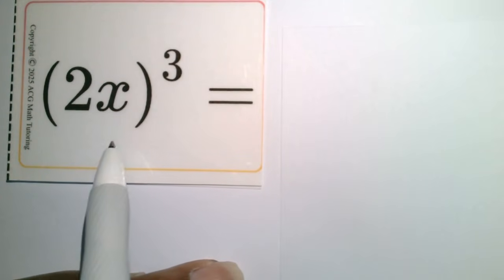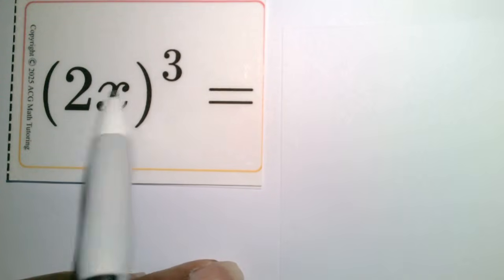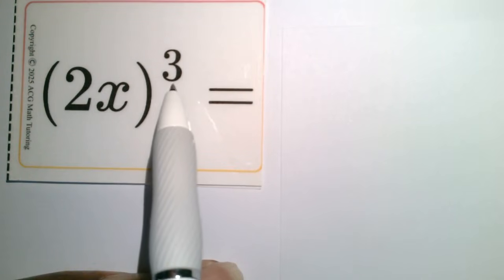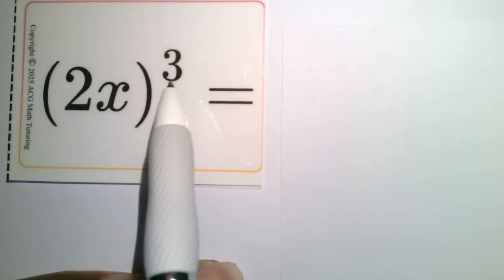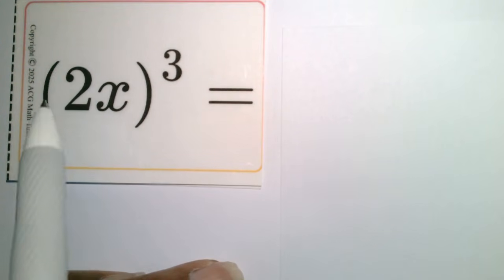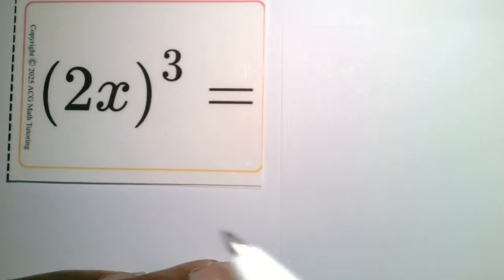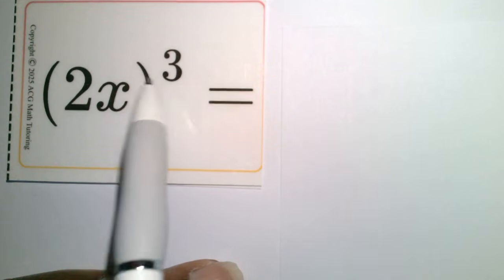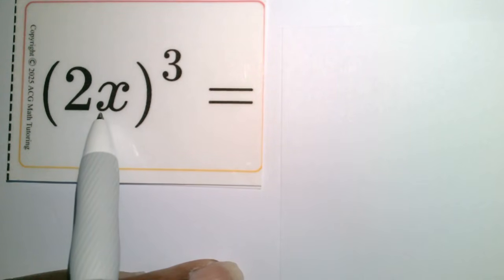What we're doing is simplifying using exponents. So right here, we have 2x inside the parenthesis. That cube is outside the parentheses. So this is basically saying that I need to write this base out 3 times. Or we can distribute this cube to everything inside the parentheses.